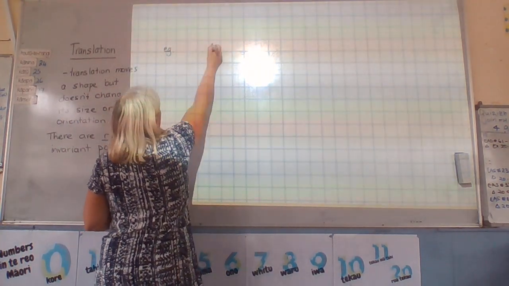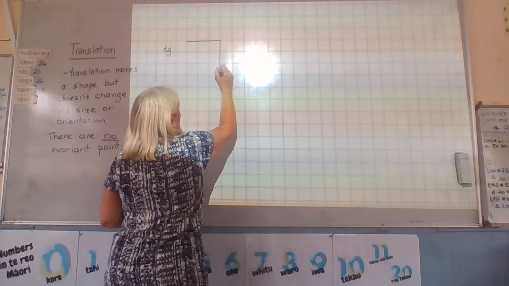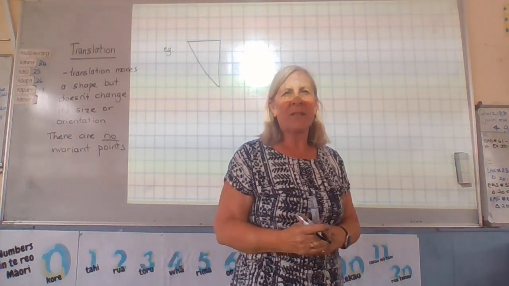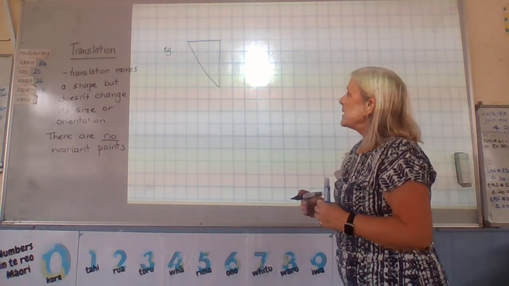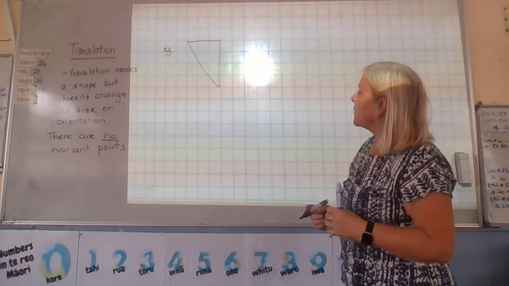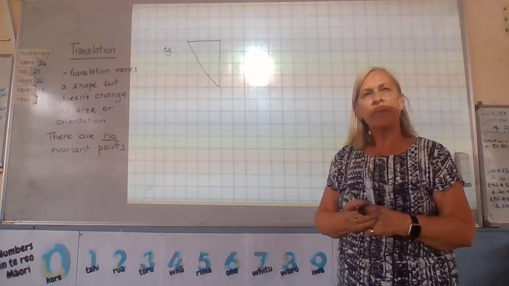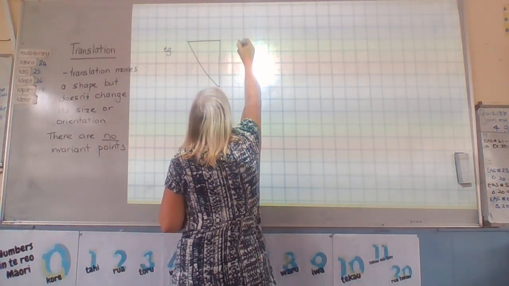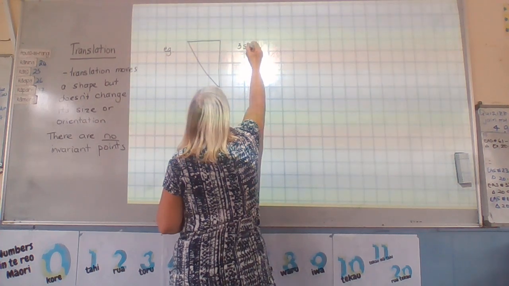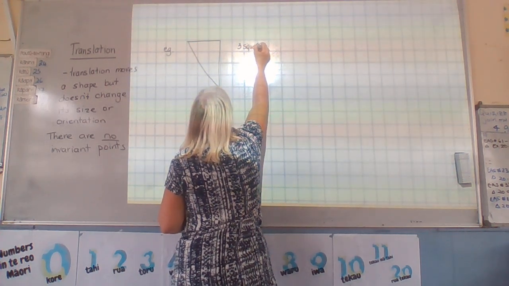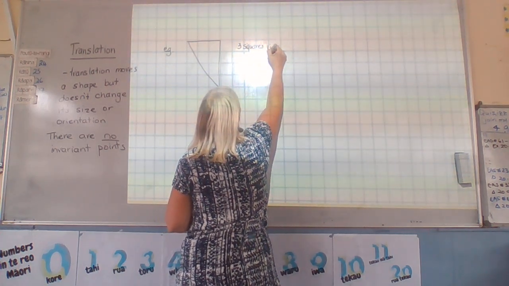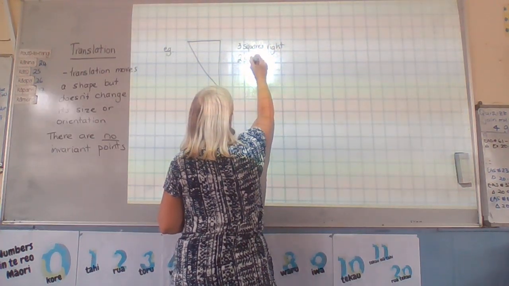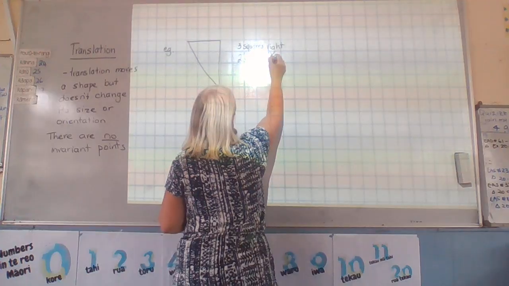E.g., if I draw a shape like this with my ruler, you can see my ruler, right? So you need your rulers out during transformations because I want you ruling beautiful shapes. So I've got a triangle here and I want to translate it 3 squares right and 2 squares down.